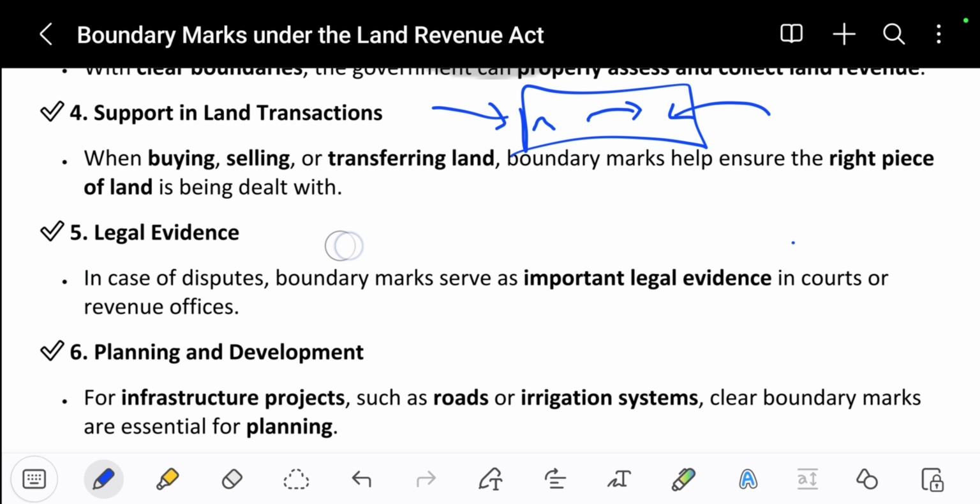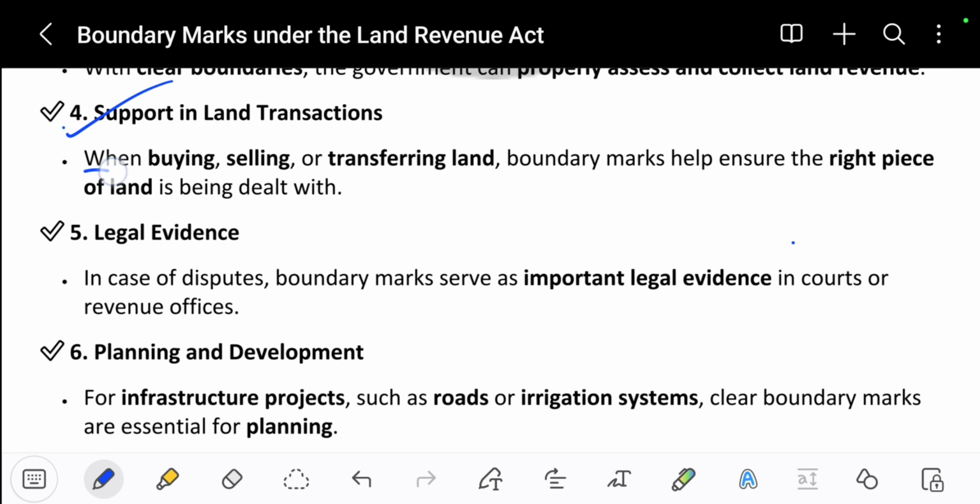But if your land is properly divided, then any person will easily purchase your land and you can easily sell it, because there are boundary marks in your land that indicate that this portion is yours and this isn't yours. It helps keep the land separate and helps you sell the property easily.